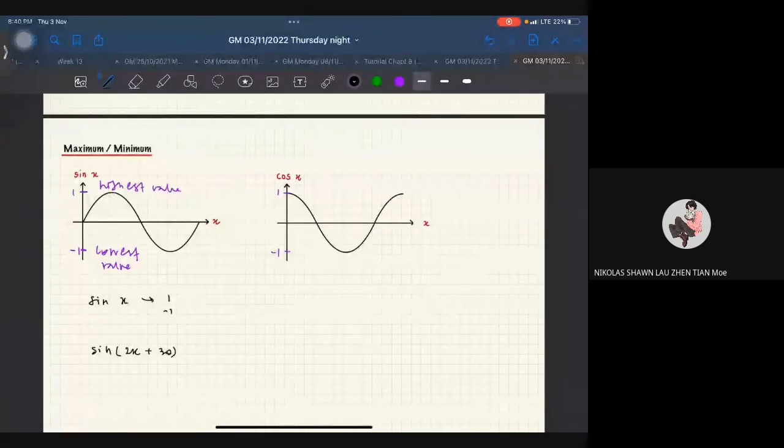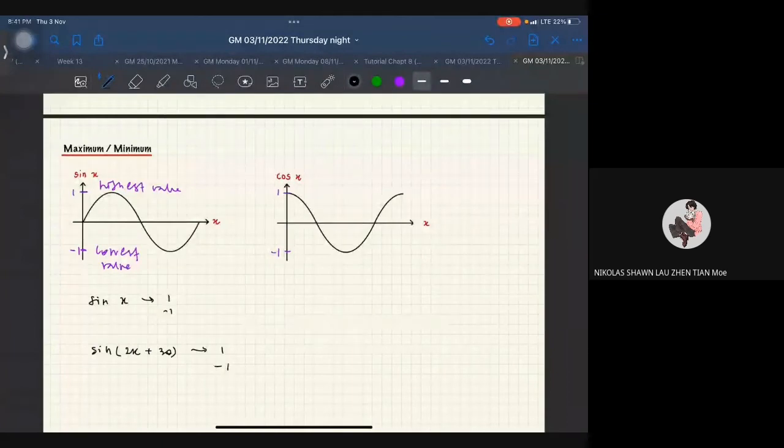What is the maximum and also minimum value? Anyone wants to try? Betul, exactly. It is still the maximum 1 and the minimum is negative 1.